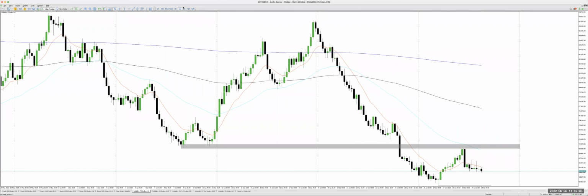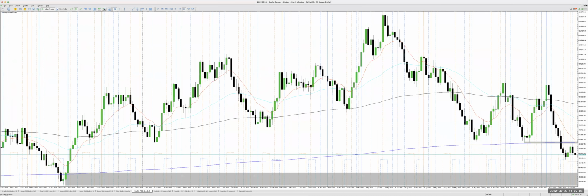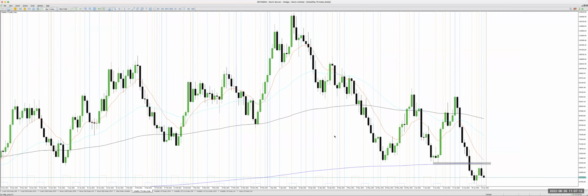Okay, I think if we come to the daily, we might get something a bit more clearer. Okay, you can see where price is actually deriving that resistance from.